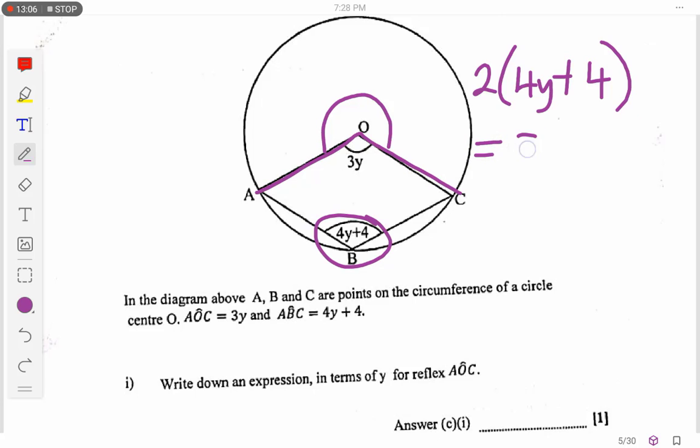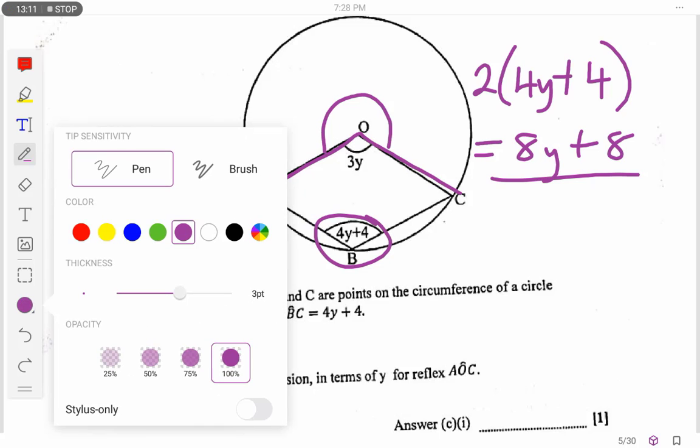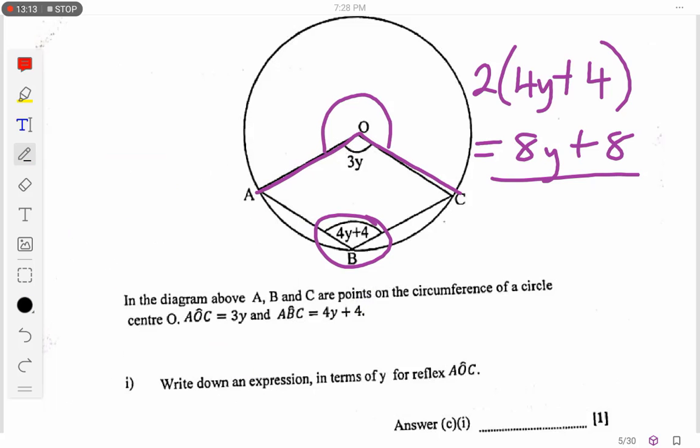So it will be like 8y plus 8 there. Then another method, I can say, using this 3y there, angles at a point add up to 360. So to get the reflex angle, I can say 360 degrees minus 3y is going to give me this angle there.